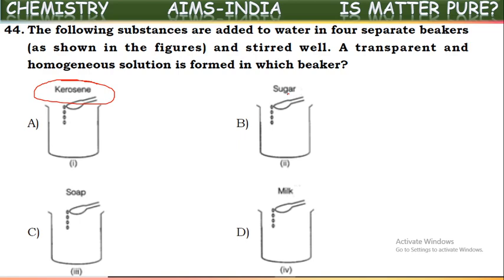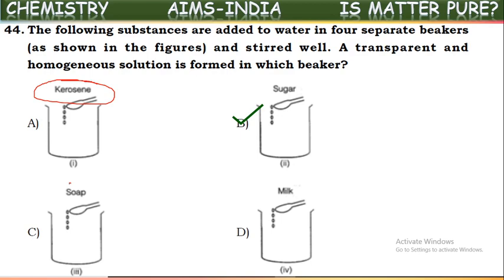Second one, sugar. We add 1 spoon of sugar into water and stir it continuously. This sugar completely disappears and forms a transparent solution. What about soap? Of course, soap may dissolve in water, but it forms a white turbidity-like solution.